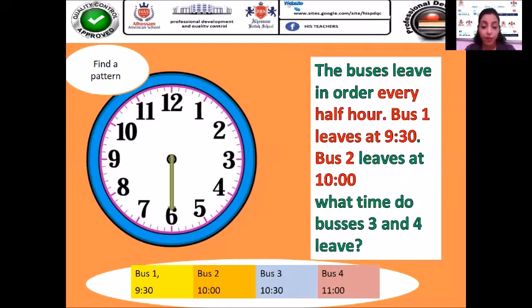So bus number 3 leaves at 10:30, and bus number 4 leaves at 11. So here, using the strategy find a pattern is way easier than using draw a picture.